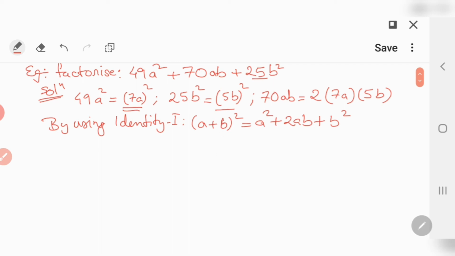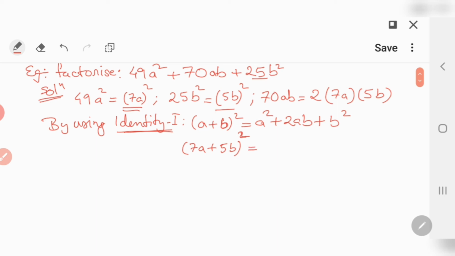What does b represent? b represents 5b. Correct? So we can substitute. How can we substitute? In the place of a, we can write here 7a, plus in the place of b, we can write 5b, then whole square. Correct? We have used identity 1. Check here, identity 1. 7a plus 5b.